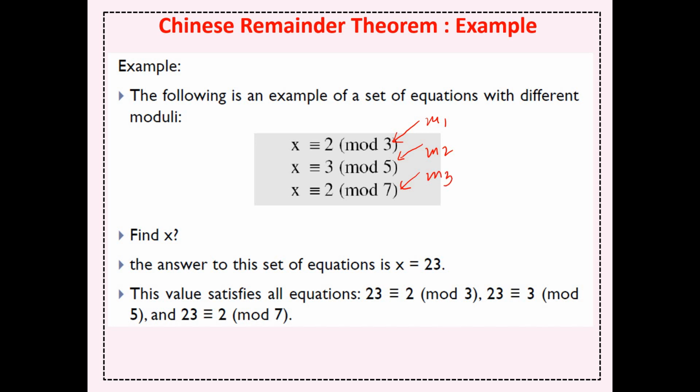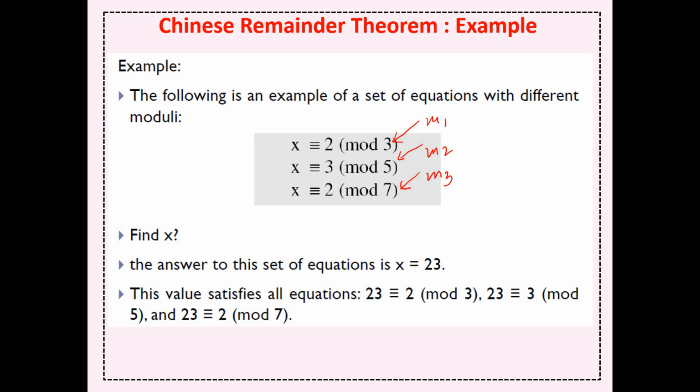So we are taking three such equations, though there can be k such equations possible. And if you observe carefully, the three moduli are all co-prime to each other. 3, 5 and 7 are co-prime to each other. That's another observation. Now the question is to find x.